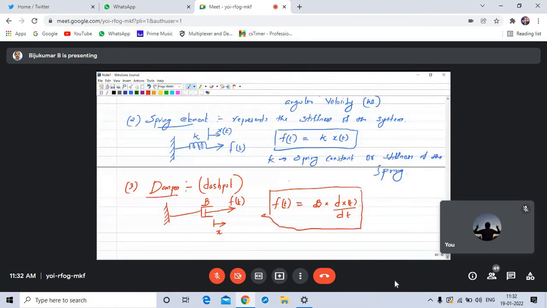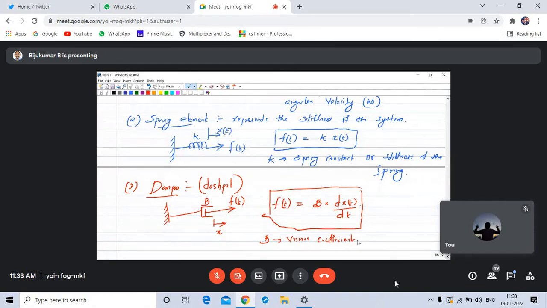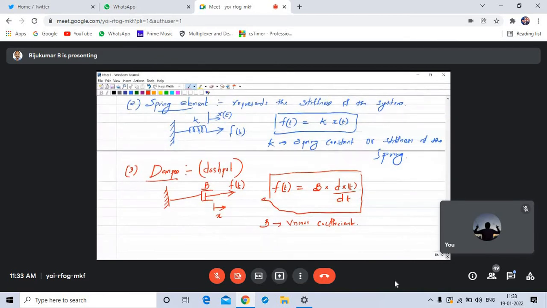Where b is the viscous coefficient, right? This represents that in a mechanical system a large amount of energy is wasted in the form of heat due to friction. So this element represents that part. Actually, this is a dissipative element, like resistance in our electrical system.